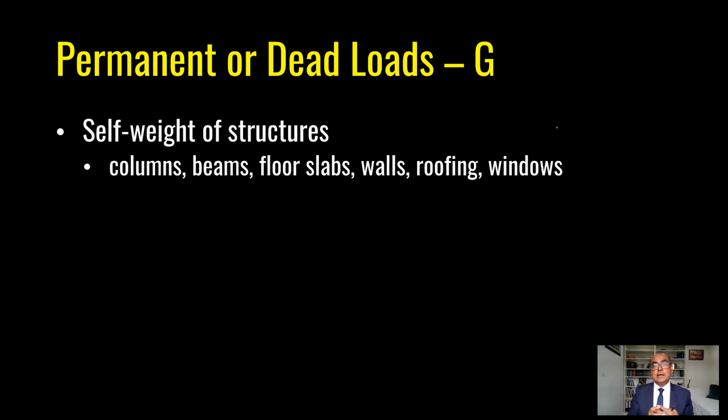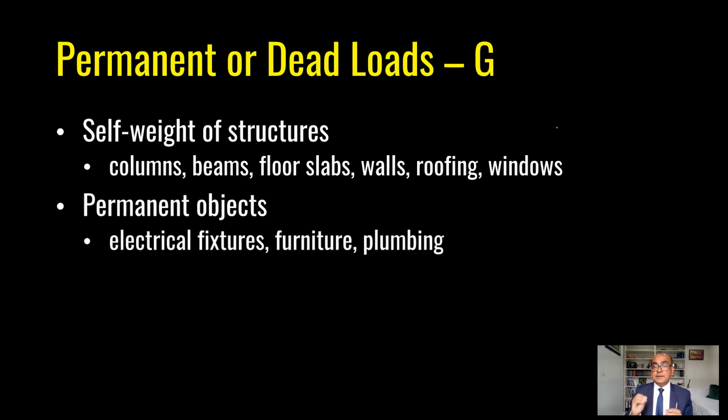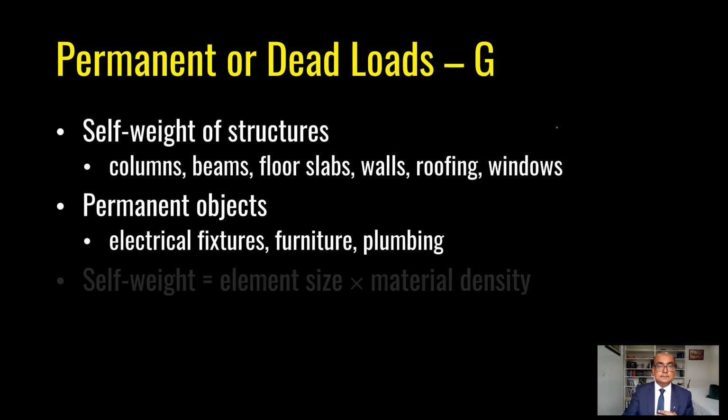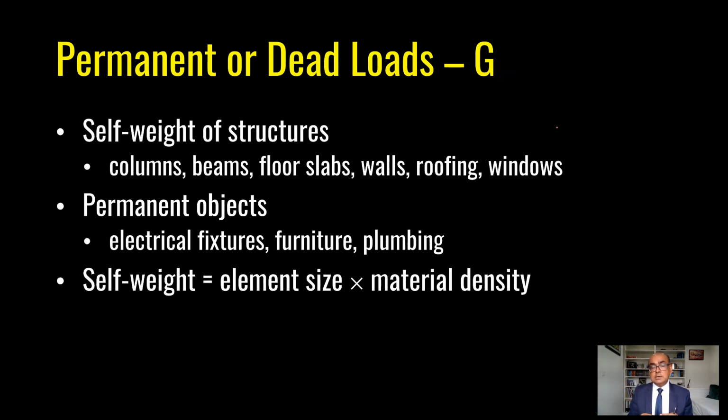This is done by working out its self-weight. Any objects permanently attached to a building or a structure are termed as permanent loads. These include electrical fixtures, furniture, or plumbing. Self-weight of any structure is worked out by element size multiplied by its material density.